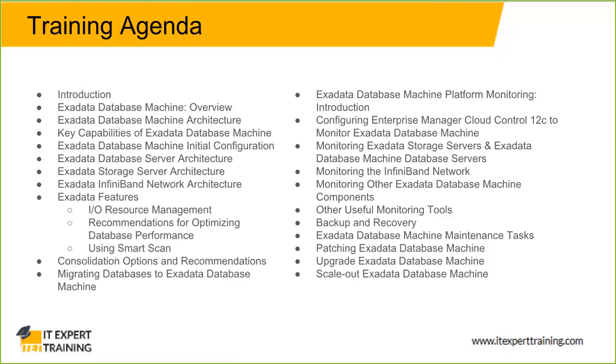Okay, how do you see what is the problem in your Exadata? How is it getting corrected automatically? And how do you monitor the other factors like InfiniBand network? Outside the Exadata, there are other components, rack switches, and all this. And the monitoring, and then we are going to discuss other monitoring tools.